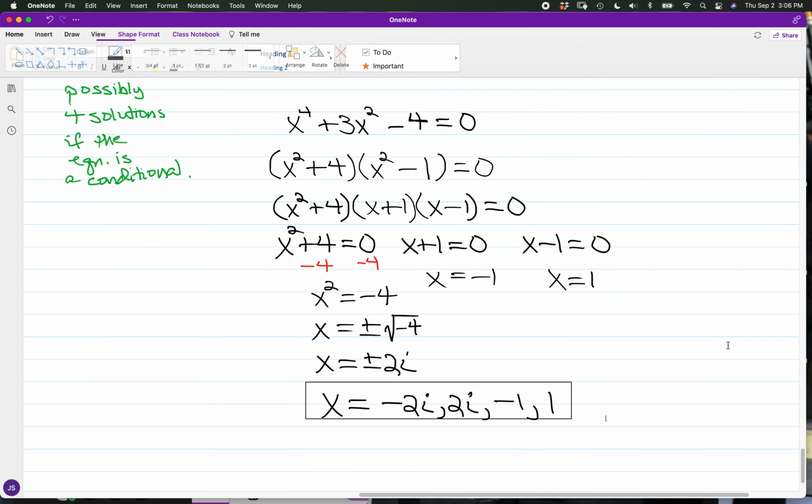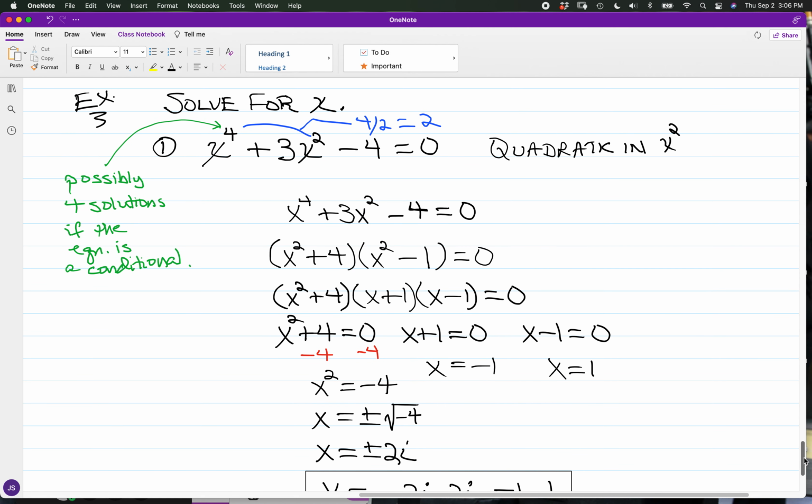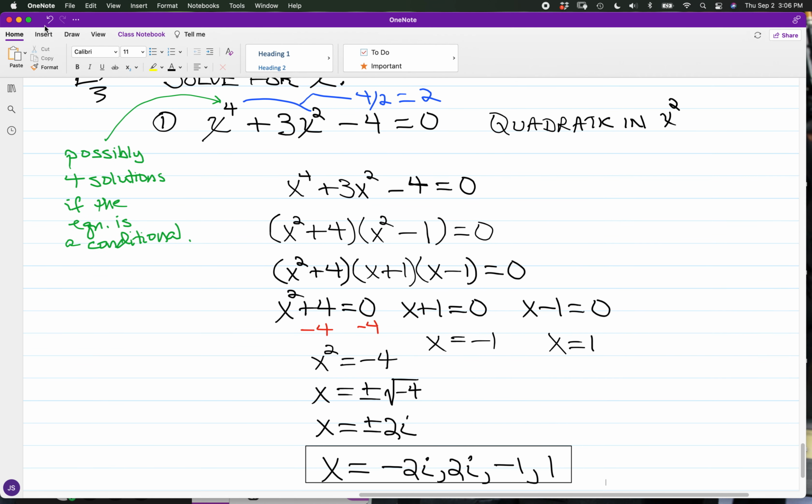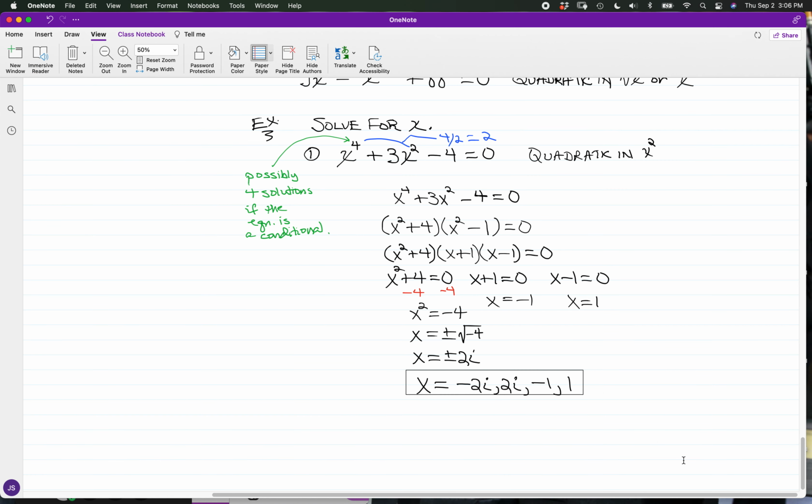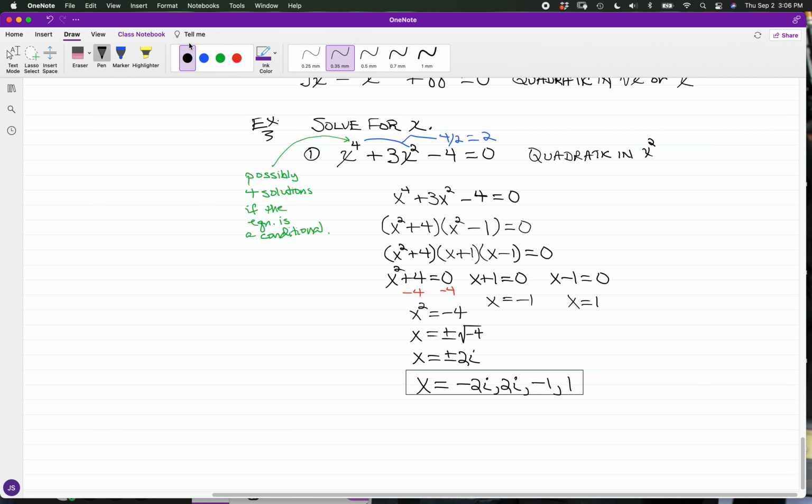All right, now for what we have for an equation quadratic in form, but where you might have the variable appear only once, and this would be like when we looked at the first bit of factoring.